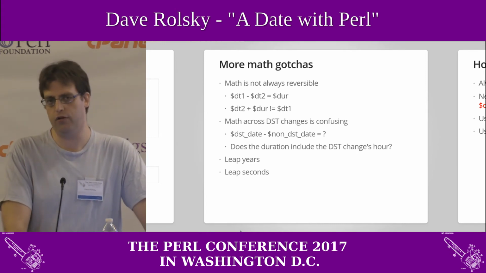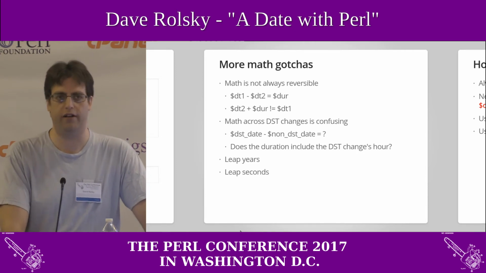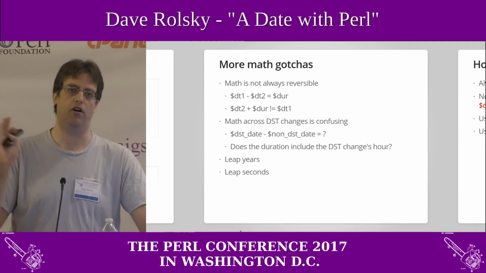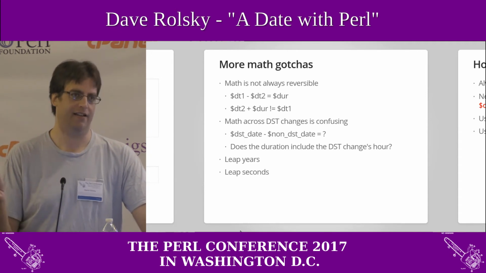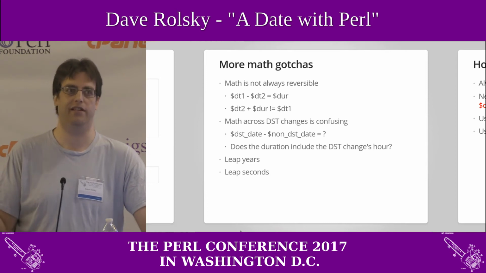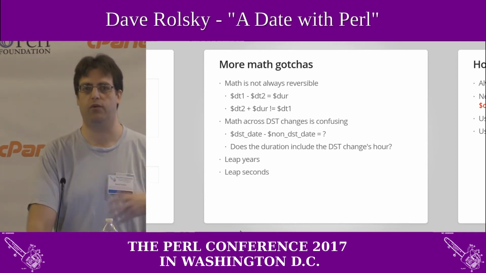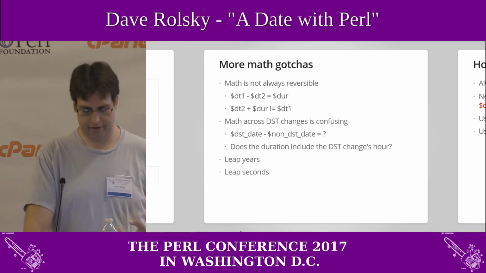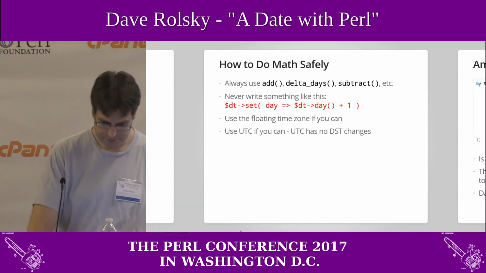Are you supposed to include the extra hour if there was one? How do you deal with this? Again, the way this is handled is all documented, and I had to just pick an arbitrary thing, like I'll do it this way. If you don't like it, generally there's a workaround. There's also leap years, which can affect date time math, and leap seconds.